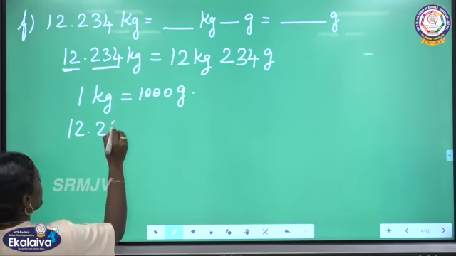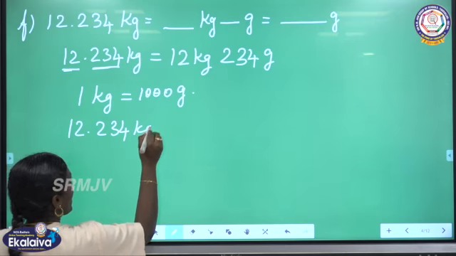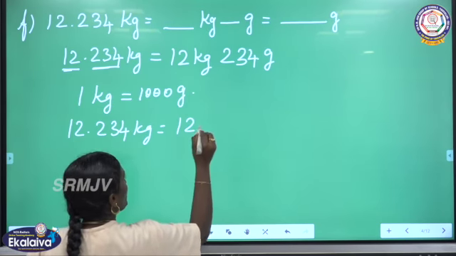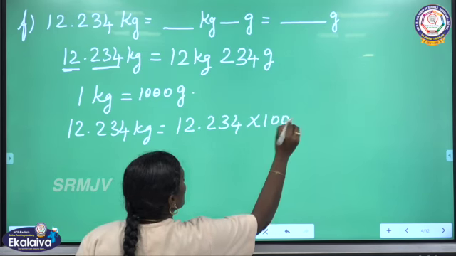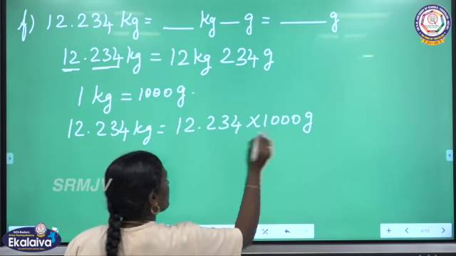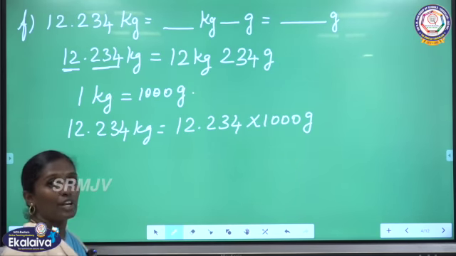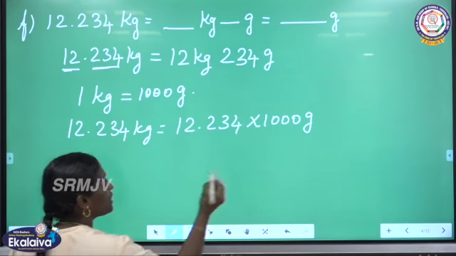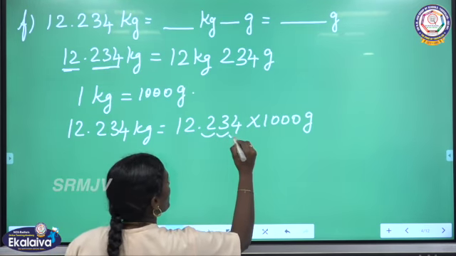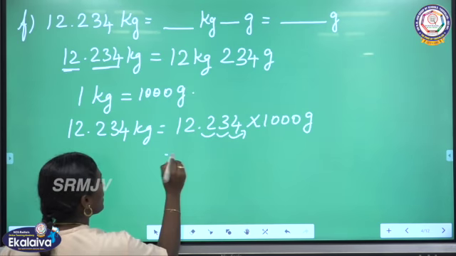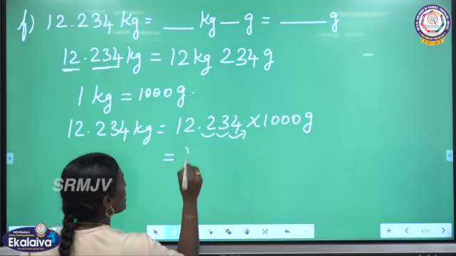So 12.234 kilogram is equal to 12.234 into 1000 gram. Here while multiplying a number by 1000, according to the number of 0, we have to move the decimal point. Here 3 zeros are there. So we have to move the decimal point 3 places to the right. Then the decimal point will come at last.